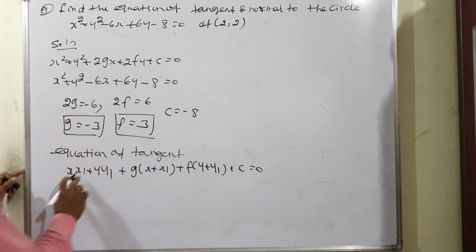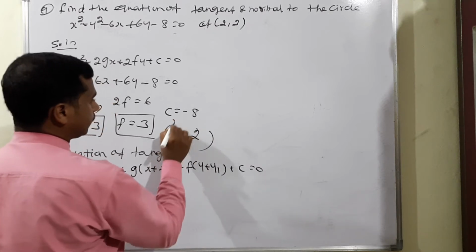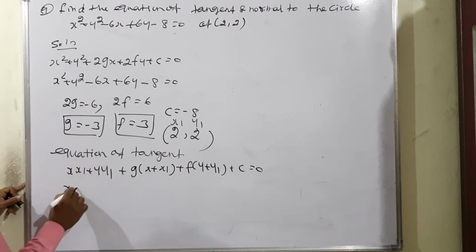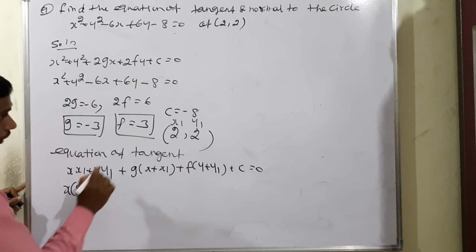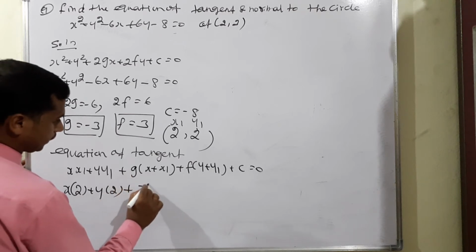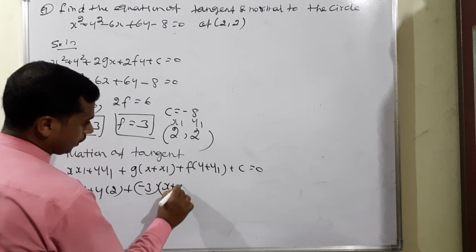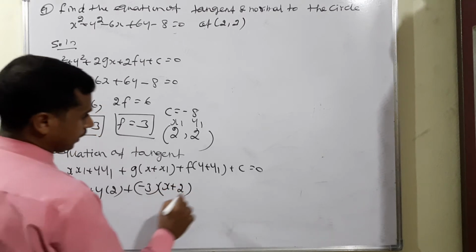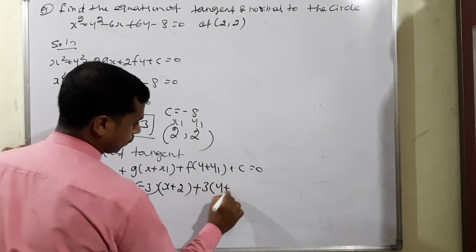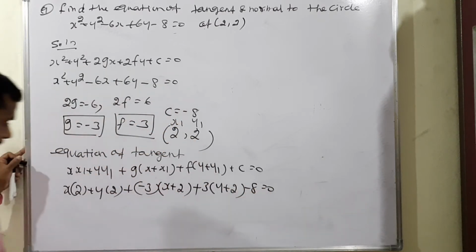The given point is 2, 2, which is considered for x1 and y1. So x into x1 value 2, plus y into y1 value 2, plus g value minus 3 into x plus x1. Therefore, we can write it as x plus 2. The next term, plus f is equal to positive 3 into y plus 2, and c is equal to minus 8, is equal to 0.